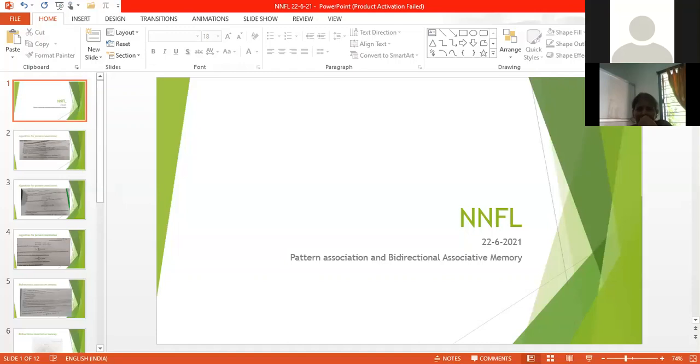So to learn that: bidirectional associative memories, architecture of Hopfield network, Hopfield network discrete and continuous versions, storage and recall algorithm, stability analysis, capacity of Hopfield network, memory-based learning algorithms and applications.